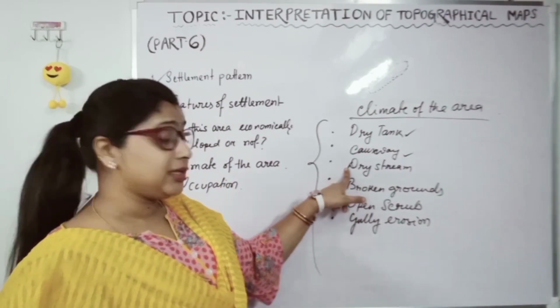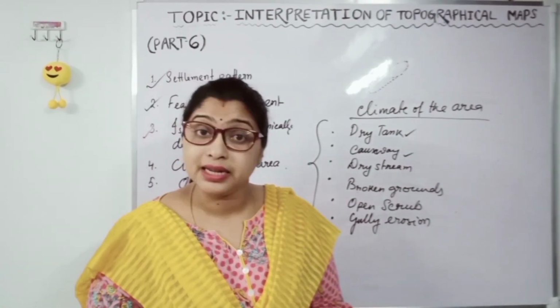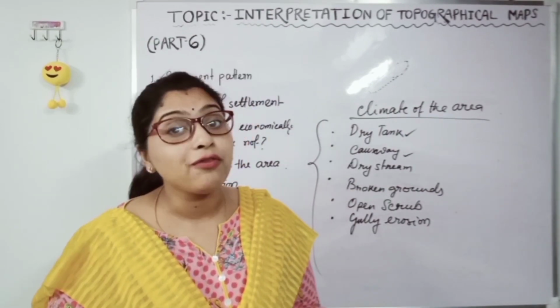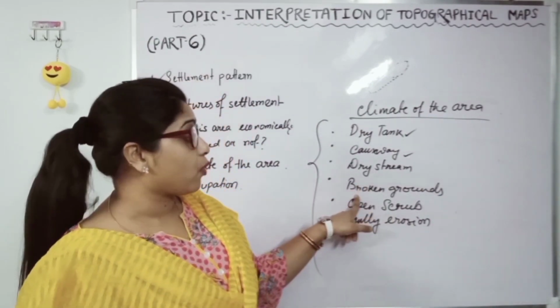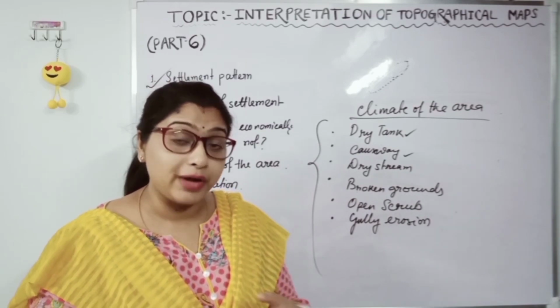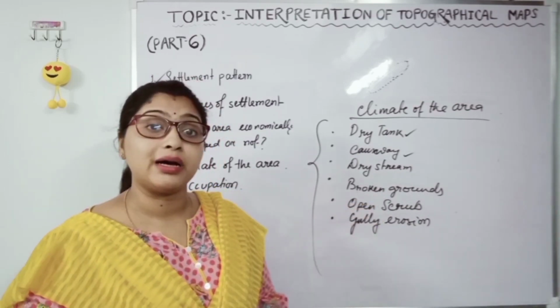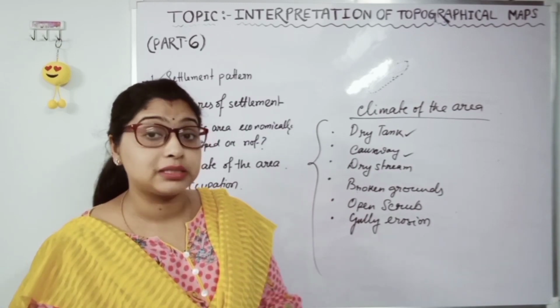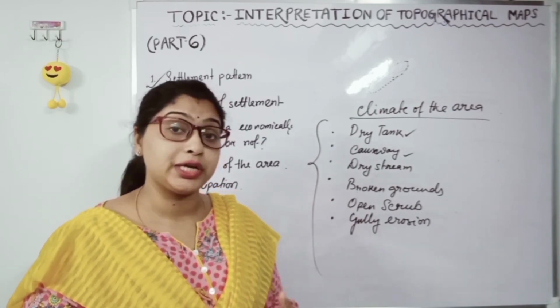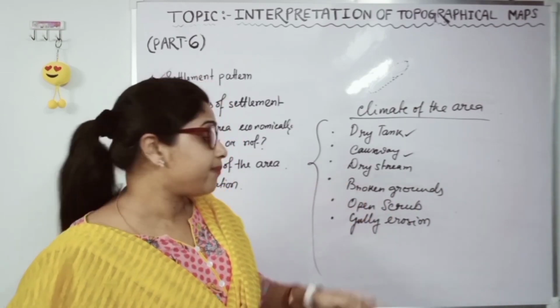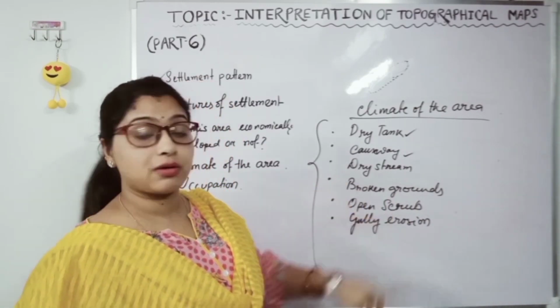Next, dry stream. Obviously seasonal rainfall, that's why there is a dry stream, because for the rest of the year there is no rainfall. Next, broken grounds. Due to heavy rainfall in the rainy season, the area faces flood conditions, and due to that the area becomes broken. Next, open scrub.